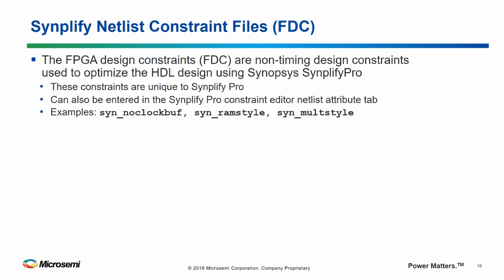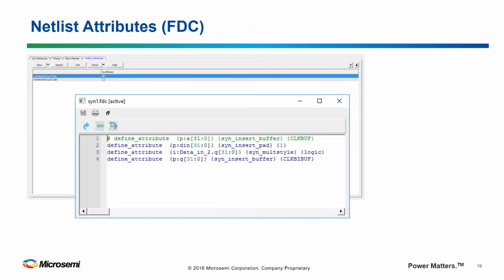There's syn_ramstyle, which allows you to specify when you're inferring RAMs, if you want to map to flip-flops or if you want to map to RAM blocks. And then there's syn_multstyle, which allows you to control mapping to the DSP blocks that are in SmartFusion2, Igloo2, and the new PolarFire families.